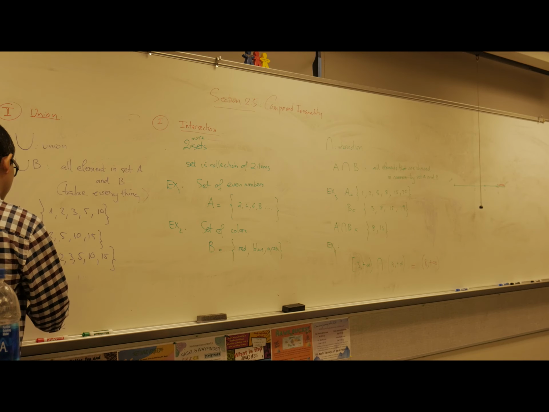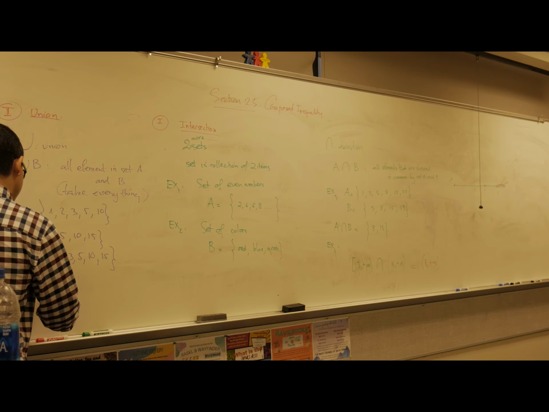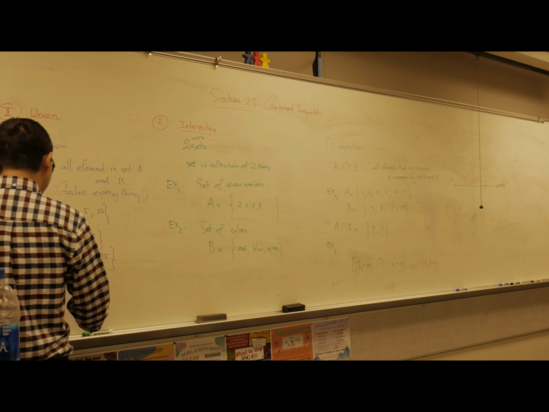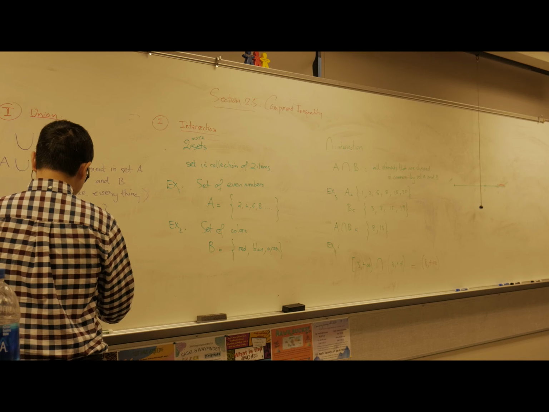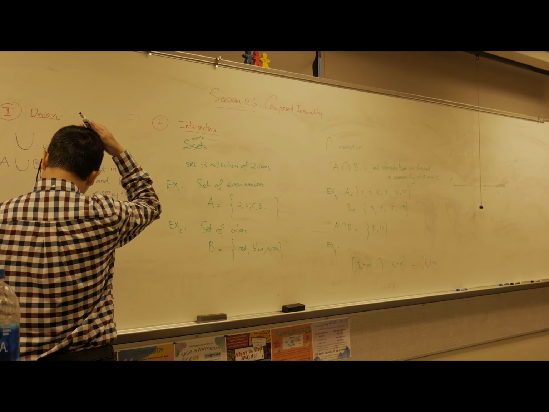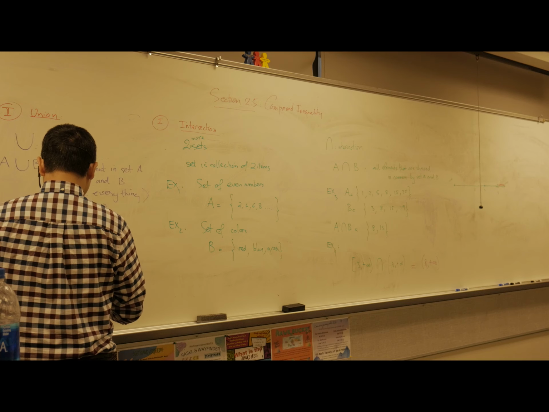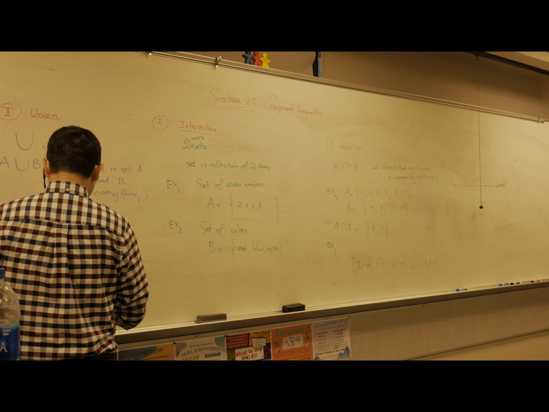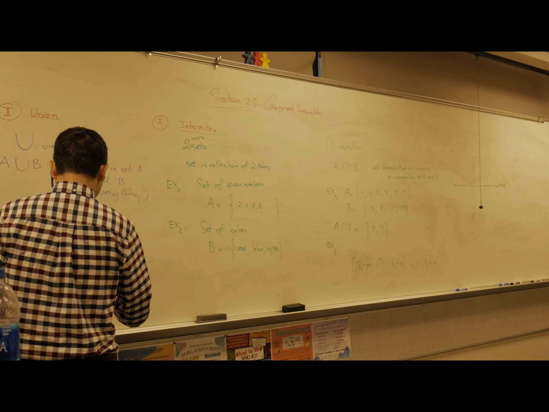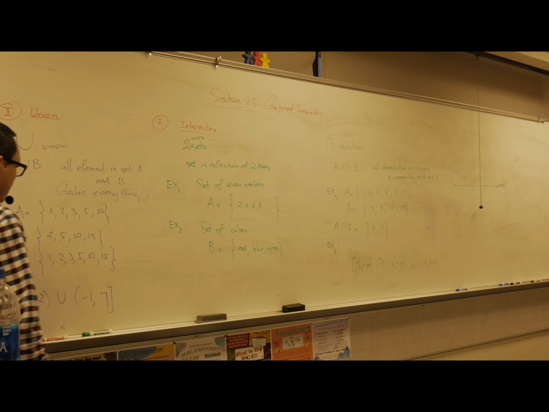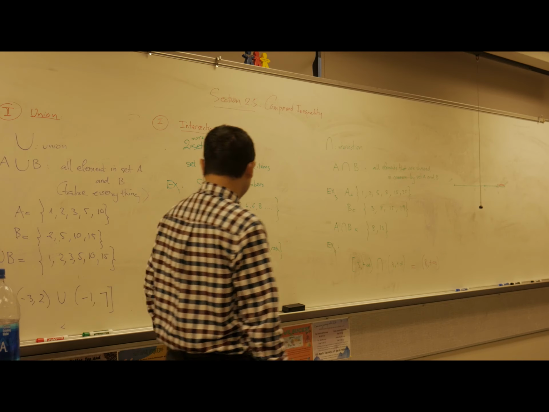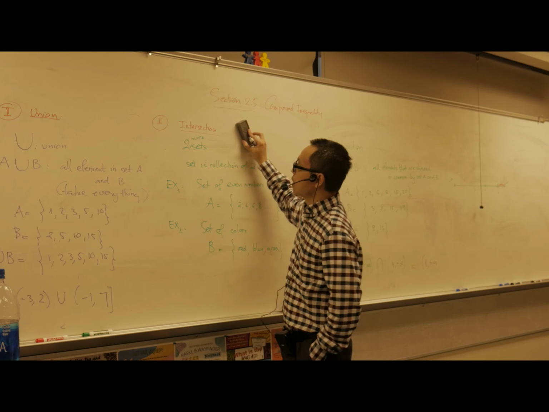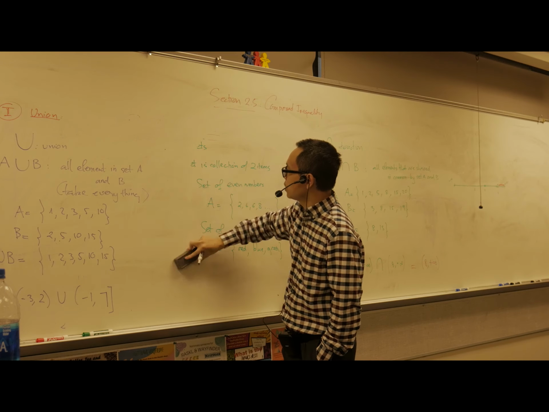The first interval notation will be from -3 to 2, parentheses, union with -1 to 7, bracket. Okay. Let's see if we can find the union for these interval notations now.